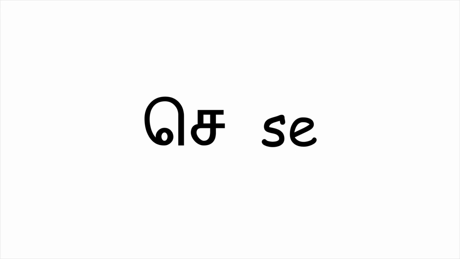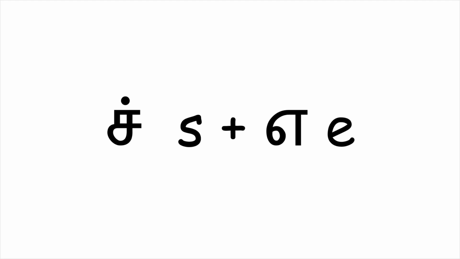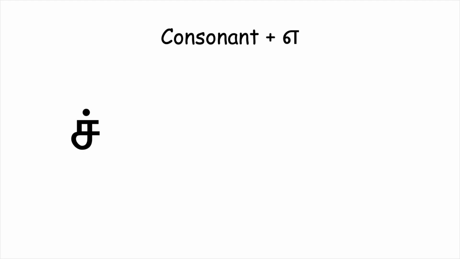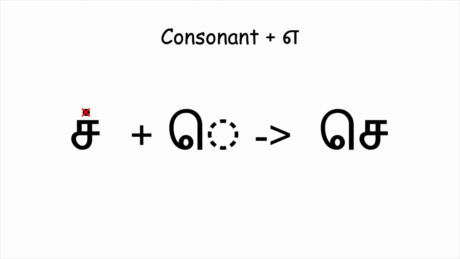This is the letter se. It's formed from uch plus e. The pattern which applies to the consonant plus e combinations is to get rid of the dot and add this pattern to the front. So when we apply this to uch, we get se.